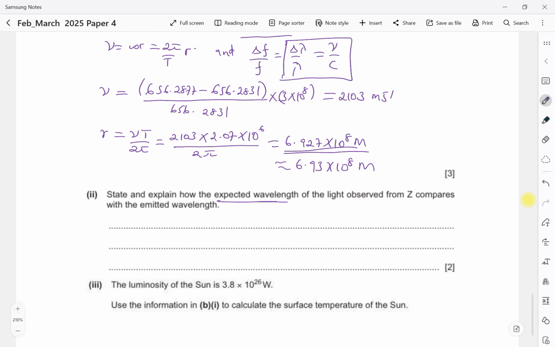So Y is moving towards the Earth, since the observed wavelength from Y is less.